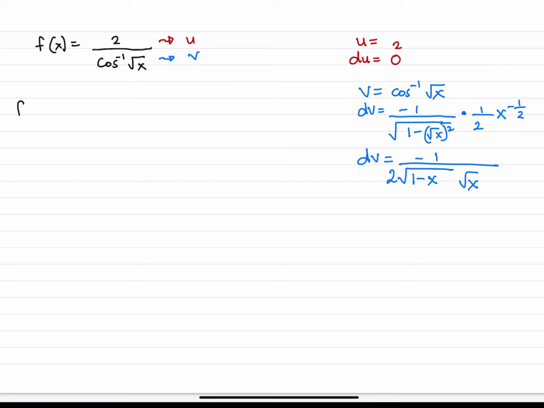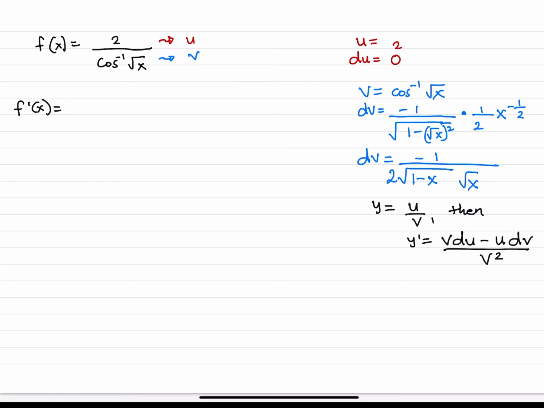So by quotient rule, if your function takes the form u times v, then y prime is equal to u dv minus, if your function takes the form u over v, then y prime is equal to denominator times derivative of the numerator minus numerator times derivative of the denominator all over the square of the denominator.